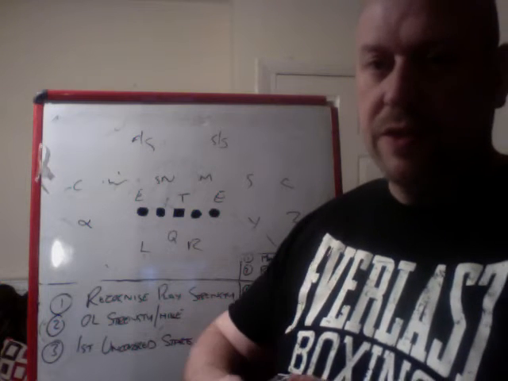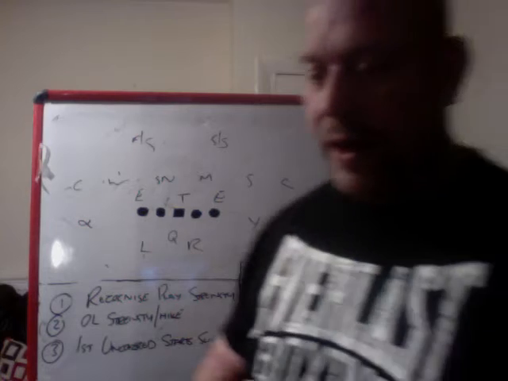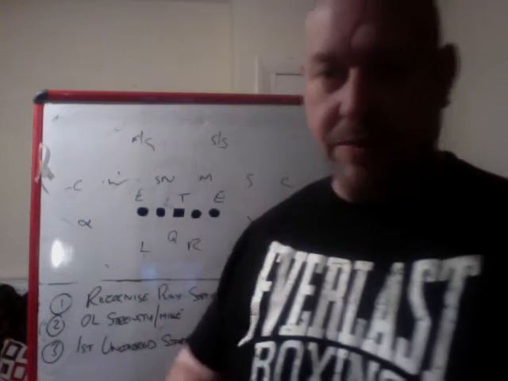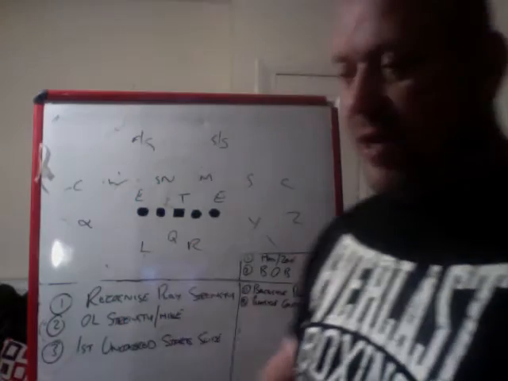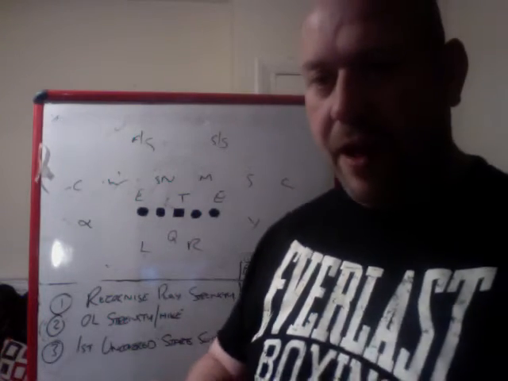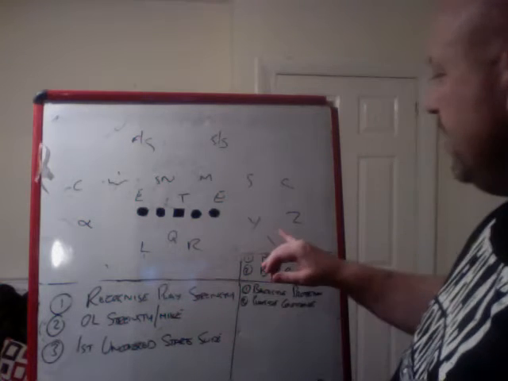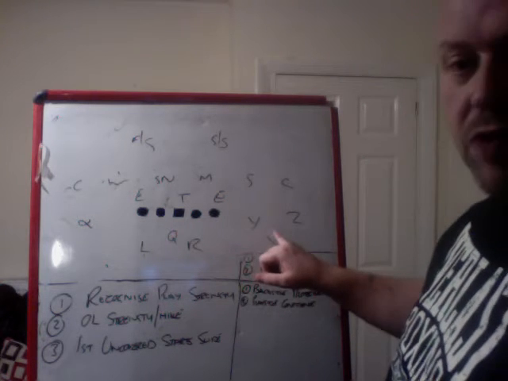A lot of defences are derived from that anyway. It's just the personnel and the slight changes determining the names and etc. But yeah, they're the best two to explain it off. So hopefully you understand it, guys. So what we've got here is, as you can see, strong right.